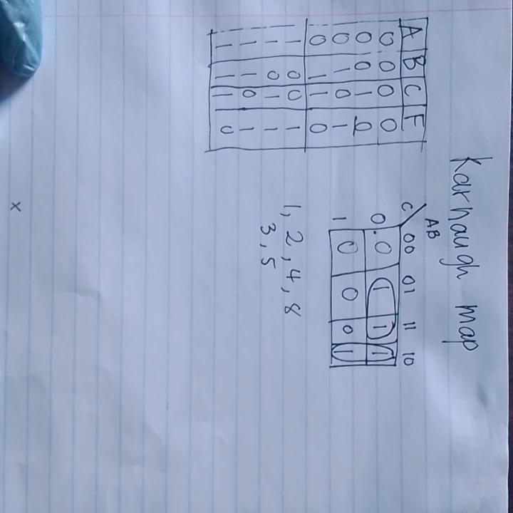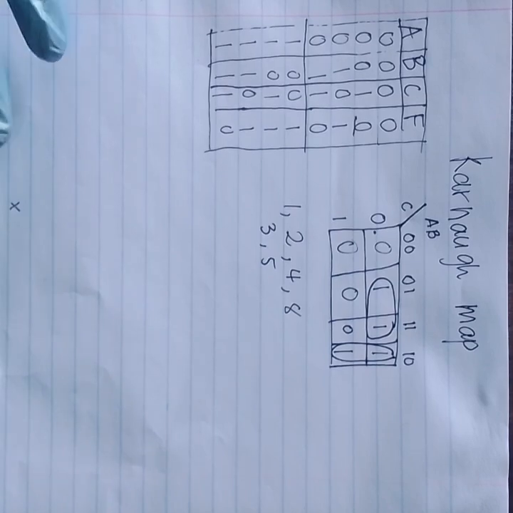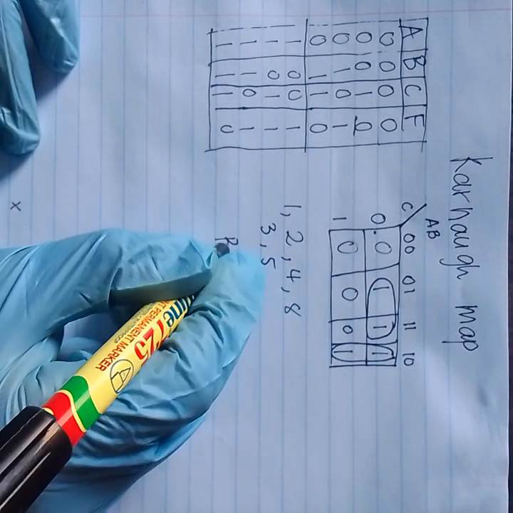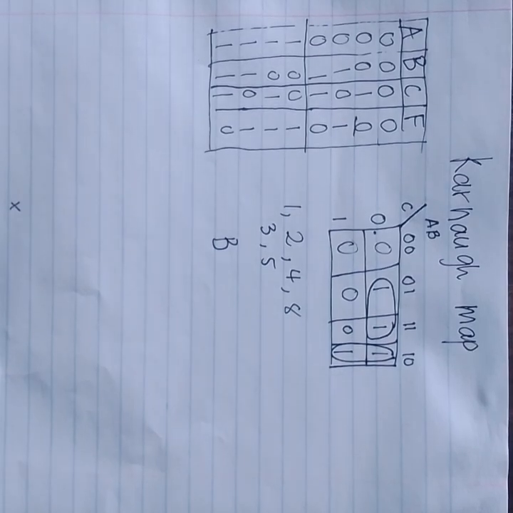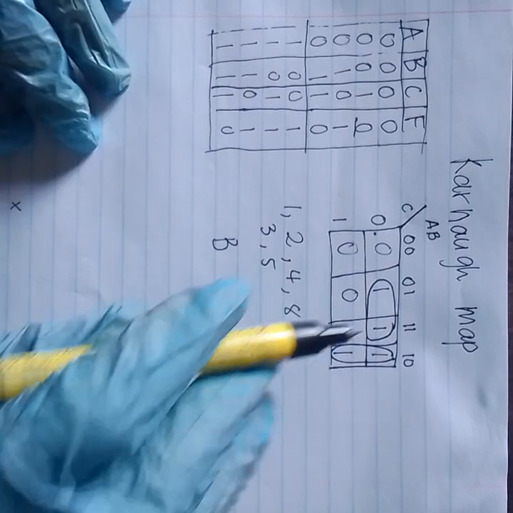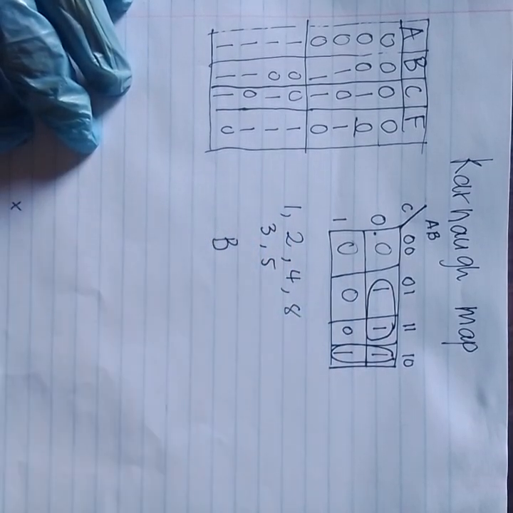It does not change. It's not varying. Therefore, we're gonna write B. Should we write B or not B? Because B is 1 and the output is 1, we write B.